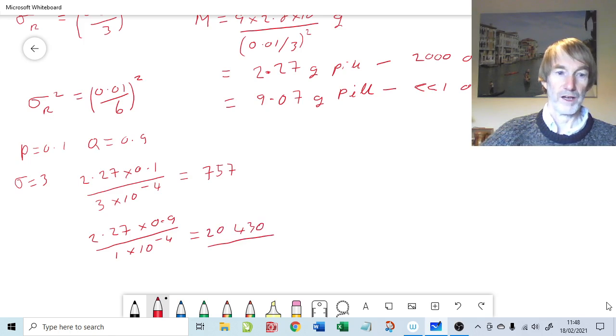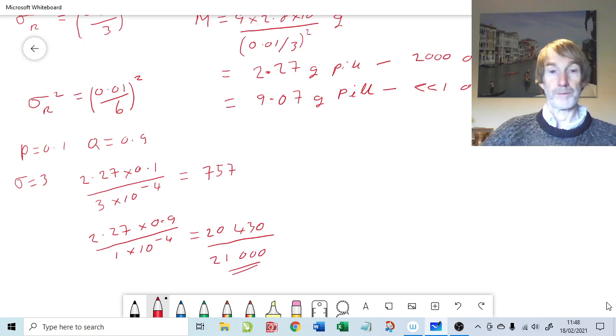In other words, a total of roundabout 21,000 particles present in our pill, which is a mass of 2.27 grams.